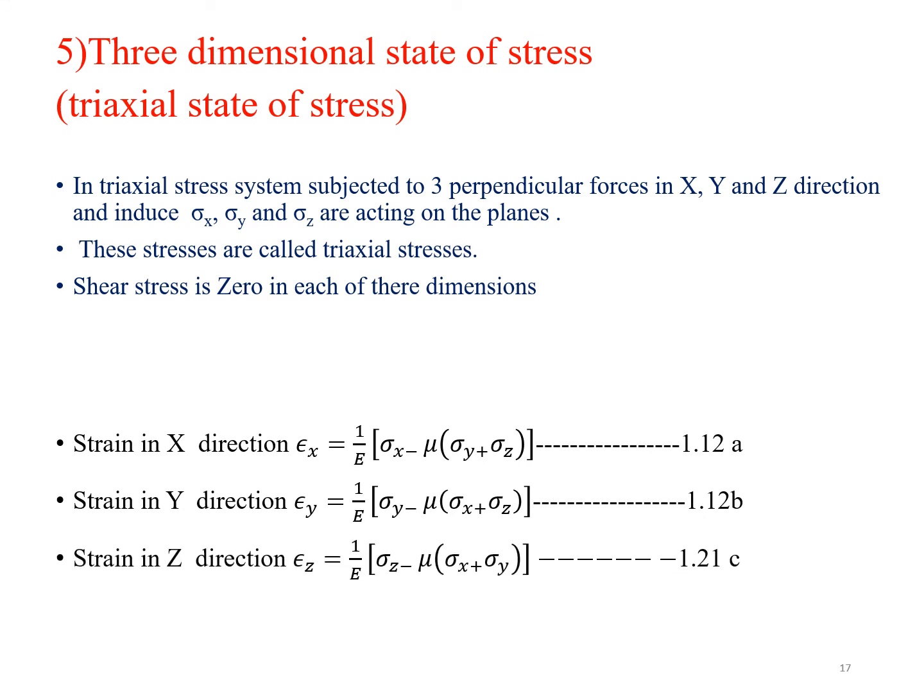Also, the strain in the z direction, epsilon z, is given by 1 by E into sigma z minus mu into sigma x plus sigma y, which is given by equation 1.12c, where E is Young's modulus and mu is Poisson's ratio.